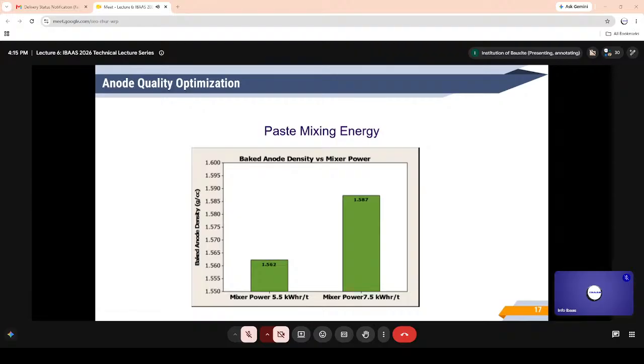Mixing energy enables filling of micropores of coke particles with binder. The higher the mixing energy, the higher is the effectiveness of filling micropores with binder as well as coating of coke particles.